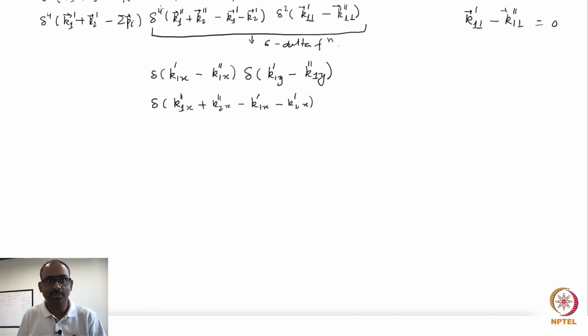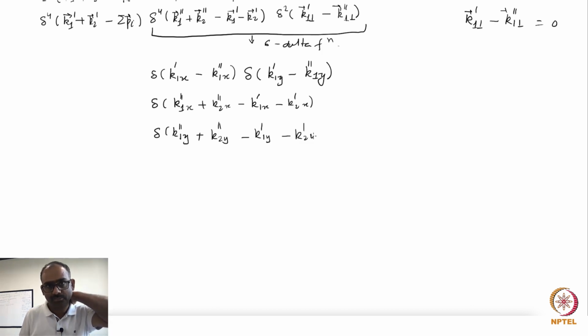Okay, that is the x component of this argument. So, that is what is here. Then I will do the same for y. Okay, this is also good.